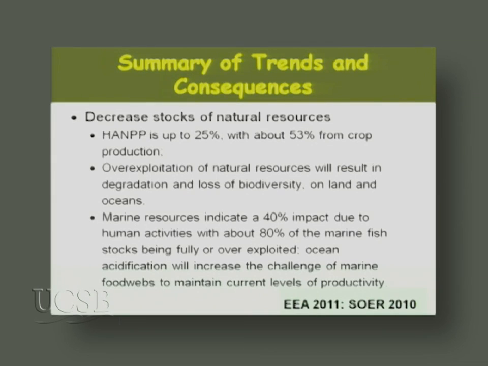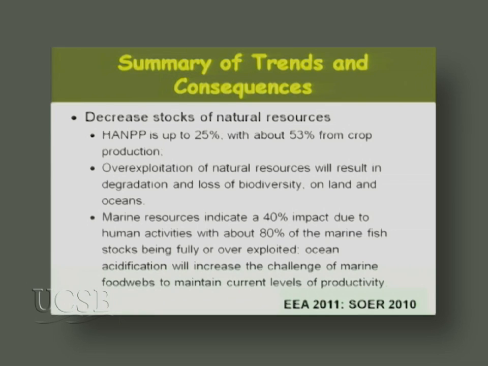In his estimates and in recent analysis of the global trends, this will start moving up to about 30% by 2050. We're seeing overexploitation resulting in soil erosion and other degradation of our land systems and a loss of biodiversity, impacting both land and ocean resources.